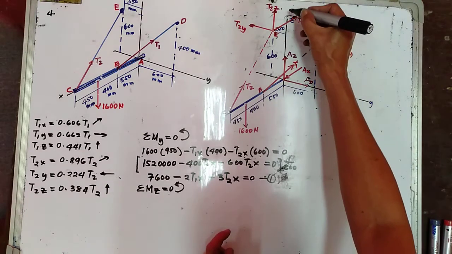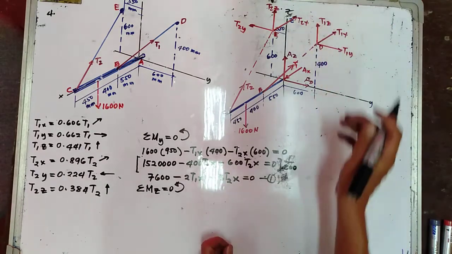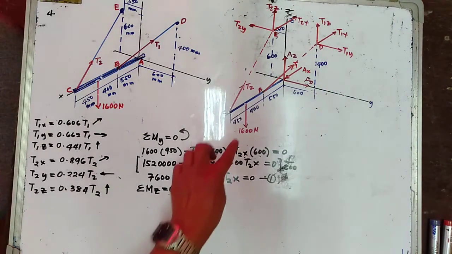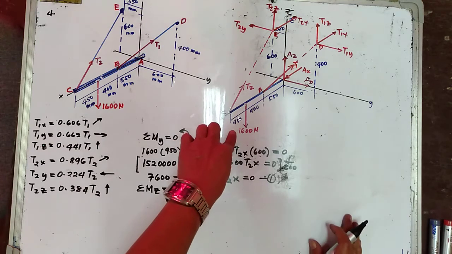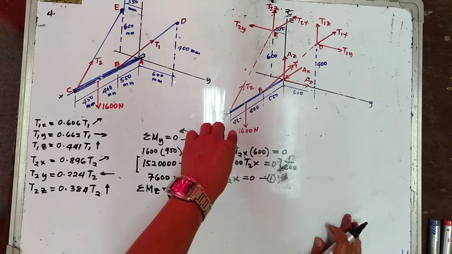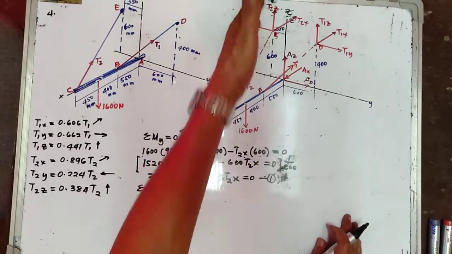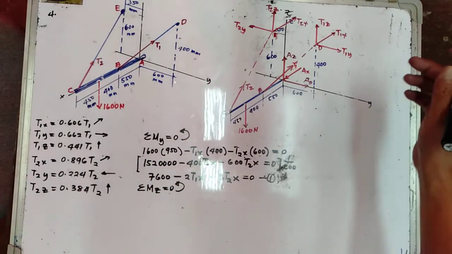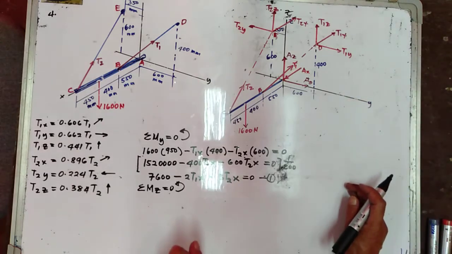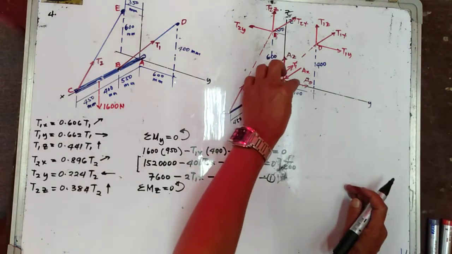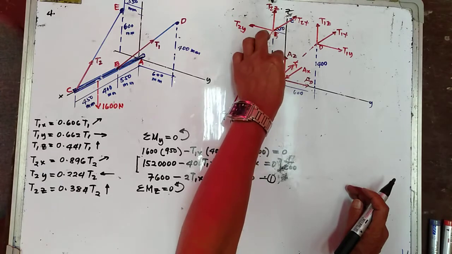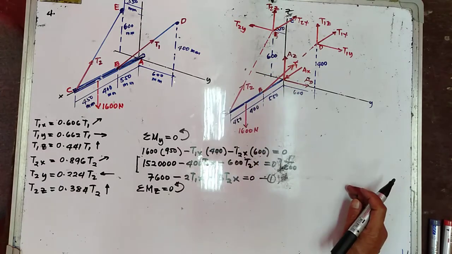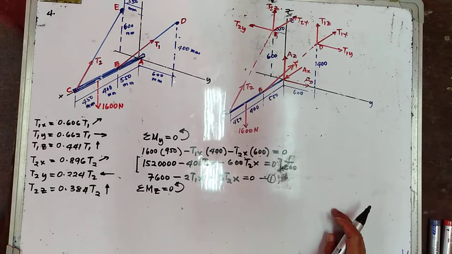The 1,600 Newton has no moment about the z-axis because it is parallel to the z-axis. All AX, AY, and AZ intersect the z-axis, hence they have no moment.